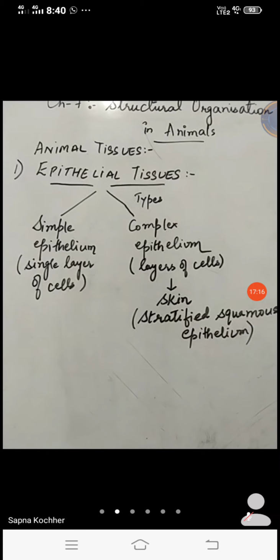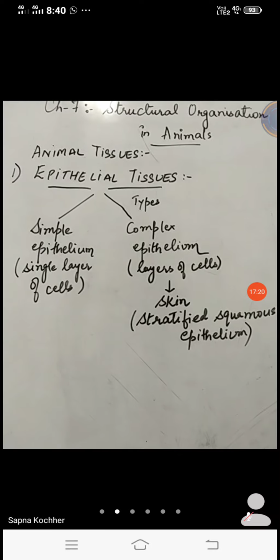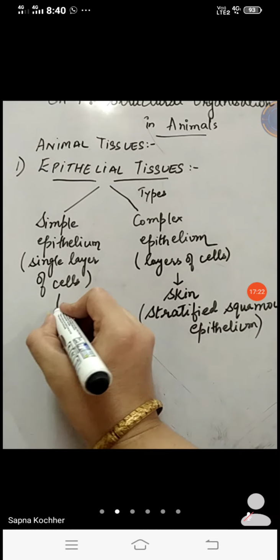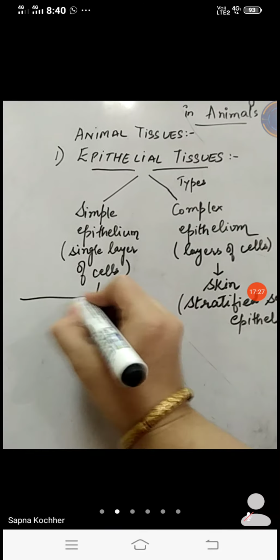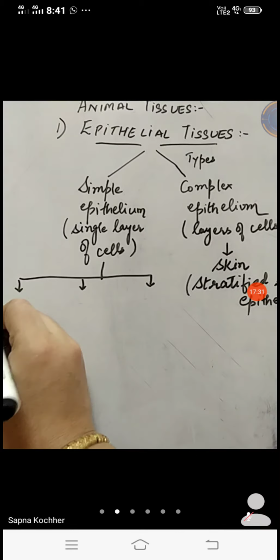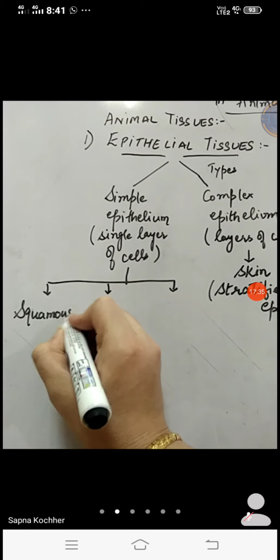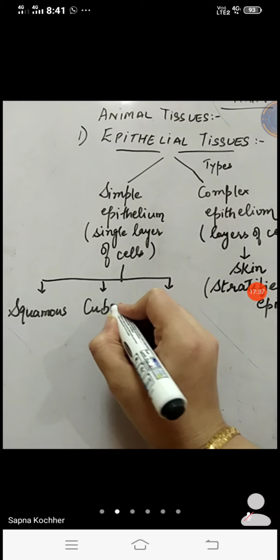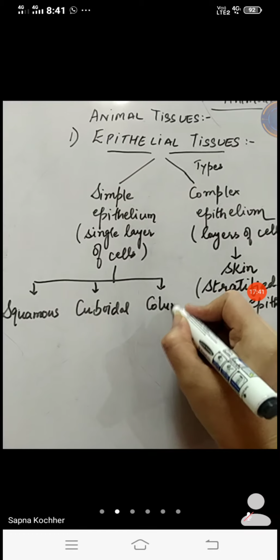Coming to the simple epithelium, which is found as a single layer of cells, there are different types of the simple epithelium, and we have to study these types. Initially, there are three types of the simple epithelium: squamous epithelium, cuboidal epithelium, and columnar epithelium.